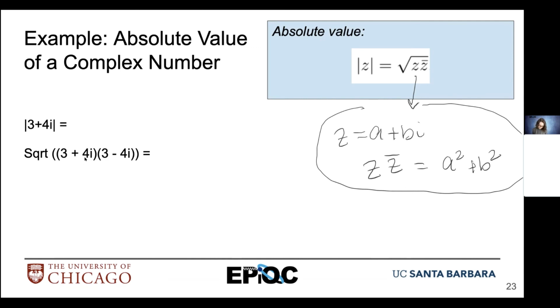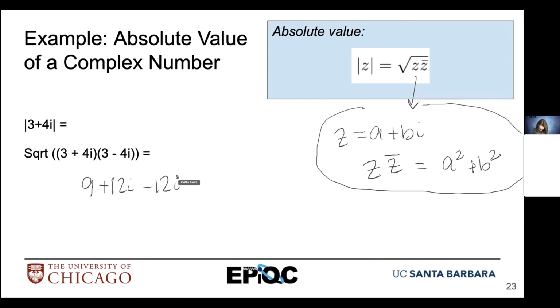So let's go ahead and work this out. We'll FOIL. First, we have 9, 3 times 3. Inside, we're going to have a plus 12i. Outside, minus 12i.